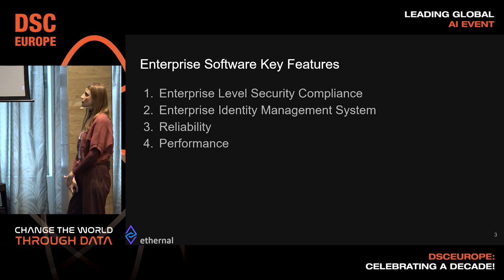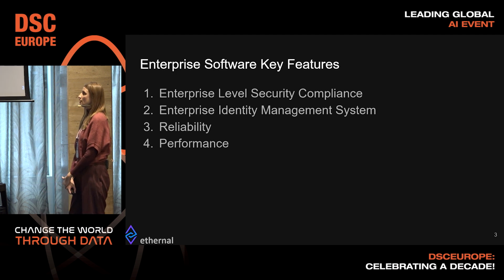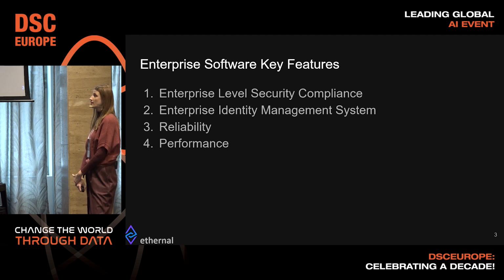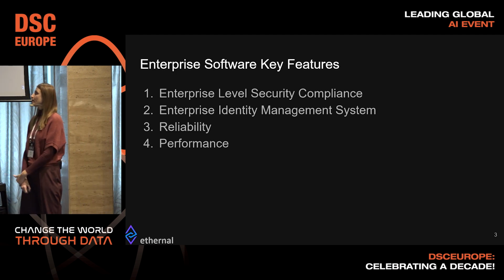The next key feature is reliability. We expect that the enterprise software, especially blockchain technology, has to be reliable and available 24/7. We don't want any failures, and we expect the high availability of such a system. And the last key feature is performance. We expect that the performance of the system is such that the users can execute their requests without any delays.